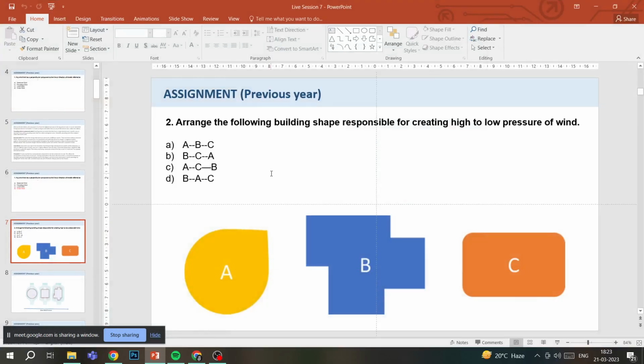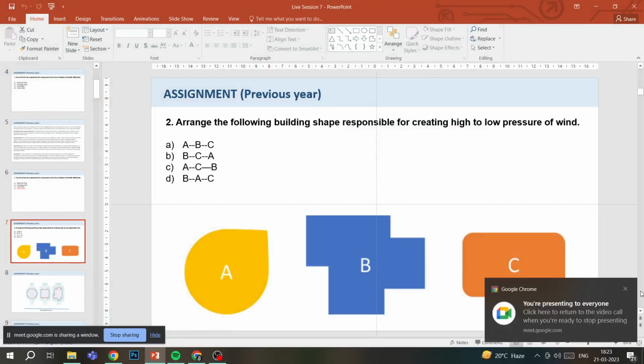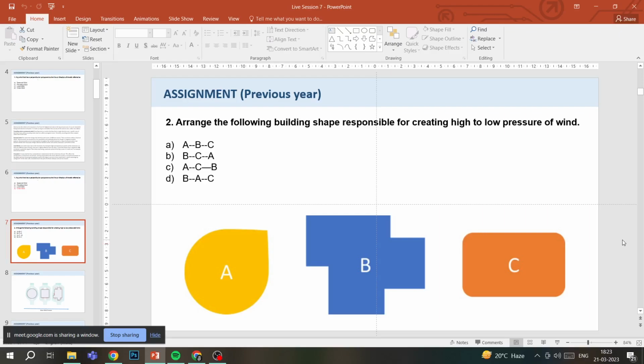As we can understand, the B figure, because it has different surfaces on it. Although one mistake that I find in this question is that they should have also mentioned the direction of wind, because that will also change a lot of things, I feel. Nevertheless, the direction of wind has not been mentioned in this question, so we'll just go by the shapes.